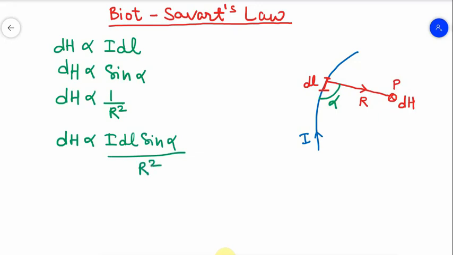Okay, and if we replace this proportionality sign with the equal to sign, then you know that some constant will appear, and let's say that is the constant k.